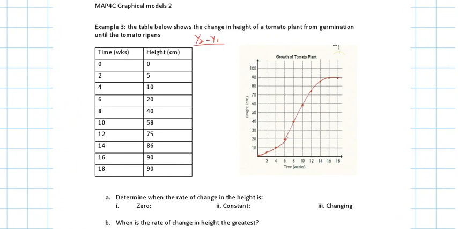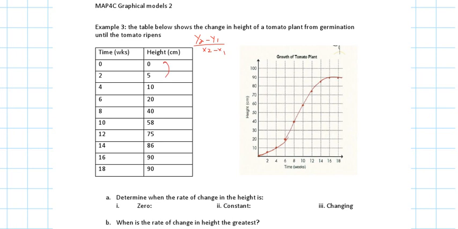I'm not going to write it down, but you know that we're doing 5 minus 0 over 2 minus 0. Okay? I don't have room for all of it, so I'll just write the answer.